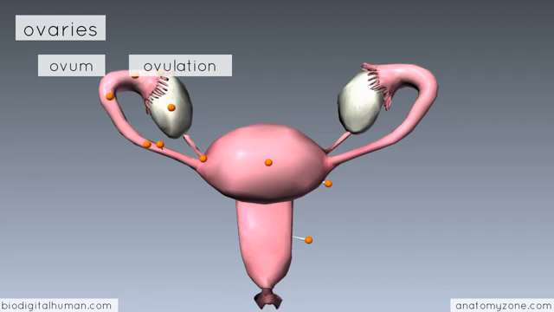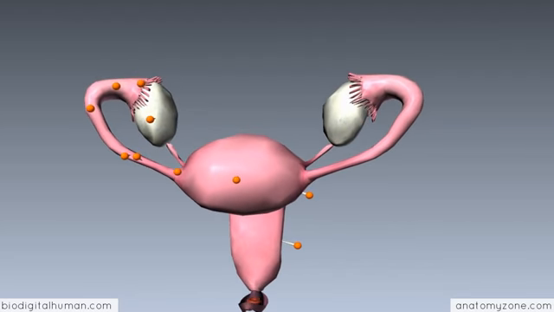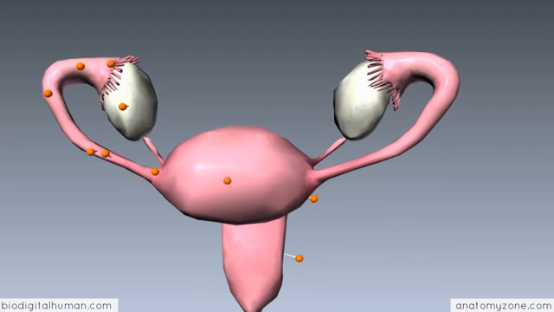The ovaries are actually suspended in the peritoneal cavity by several ligaments, and I won't talk about these here, but it's important to know that the ovaries are intraperitoneal and they release the egg into the peritoneal cavity. What happens is that the fallopian tubes have these finger-like projections distally, which are known as fimbriae.